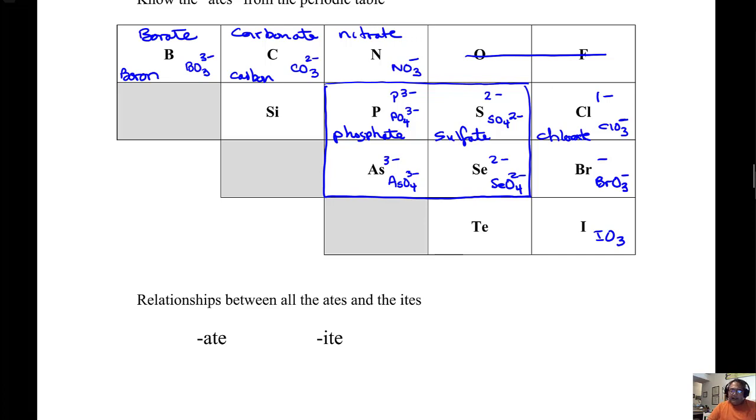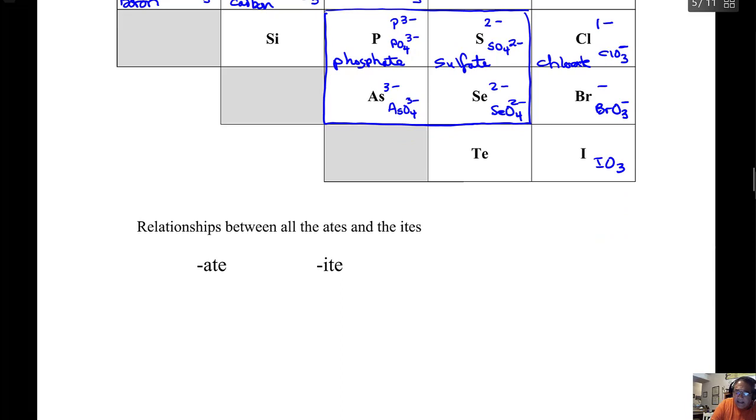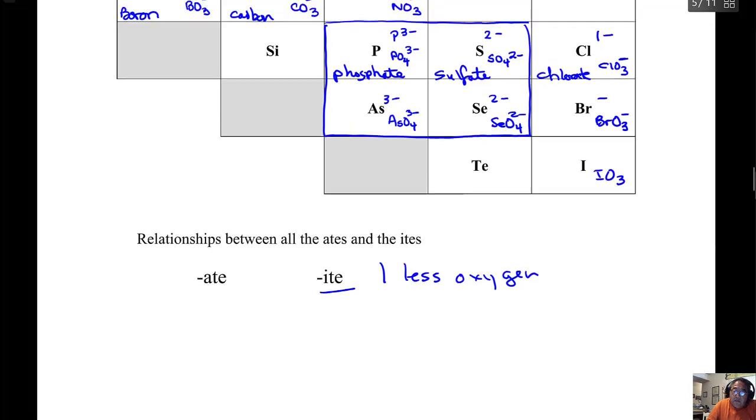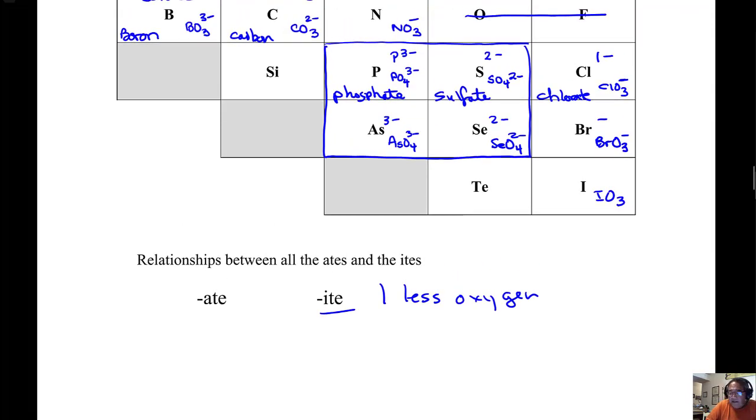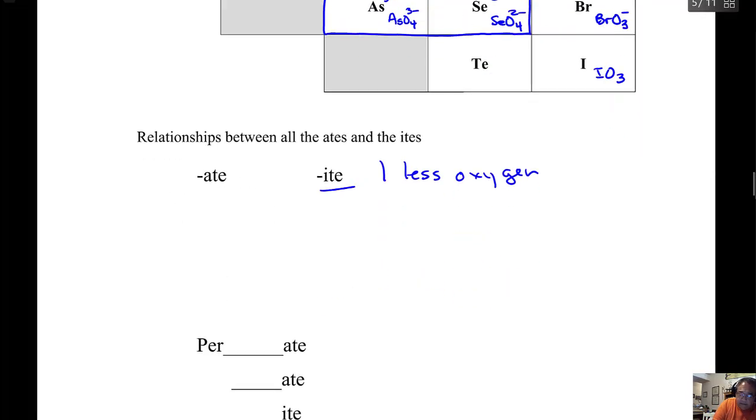So what about the ites? So the ates and the ites have 1, right, less oxygen. So if I said sulfate, you would come up with this. And once you have it, sulfite is 1 less oxygen, and everything else is the same.